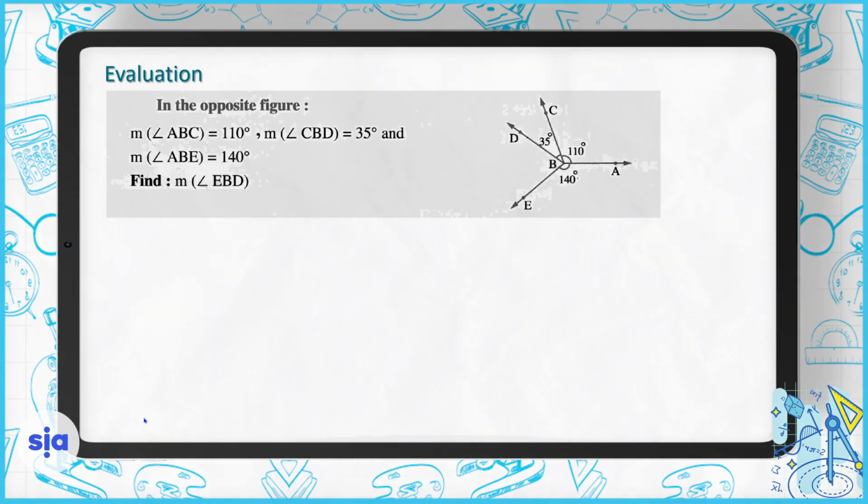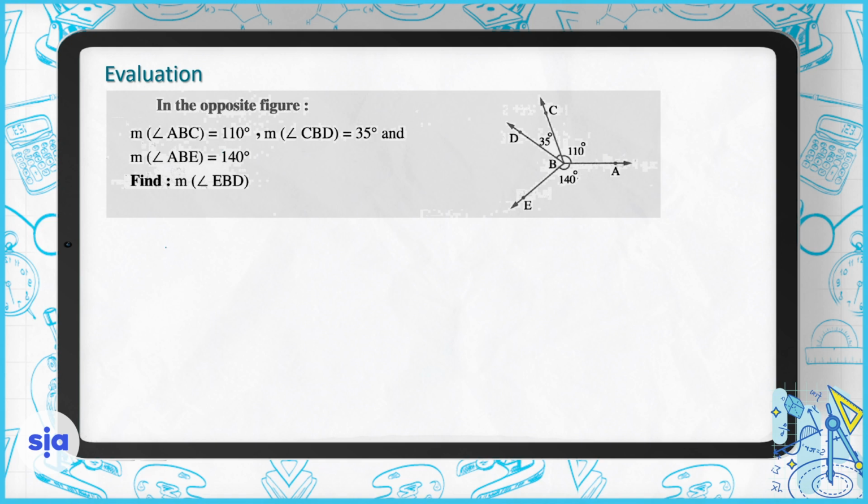Let's now go to the evaluation part. The first question says, in the opposite figure, if the measure of angle ABC is 110 degrees, the measure of angle CBD is 35 degrees, and the measure of angle ABE is 140 degrees, how can we find the measure of angle EBD? For sure, as you all know, the sum of all the angles making a circle is 360 degrees.